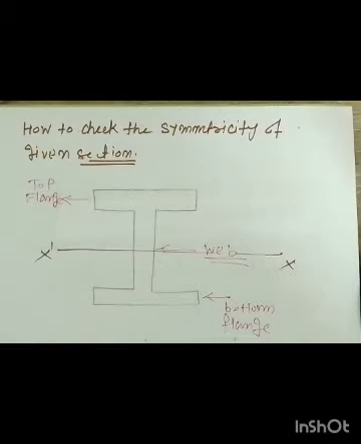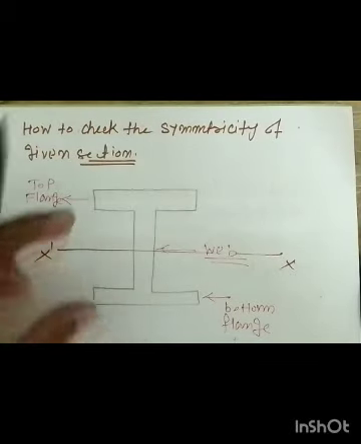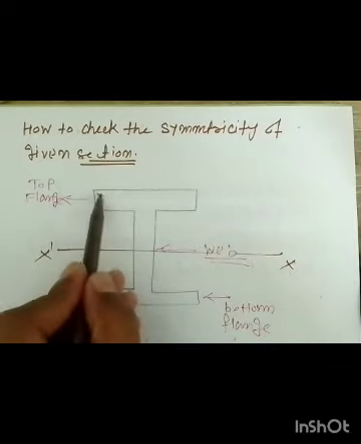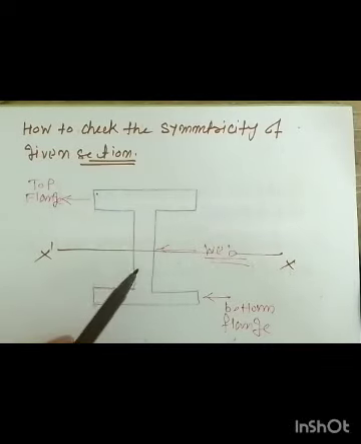So this I section I have split into two parts. Now we have to see whether these two parts have equal weight after splitting. If so, the given section is symmetrical about the x-axis.